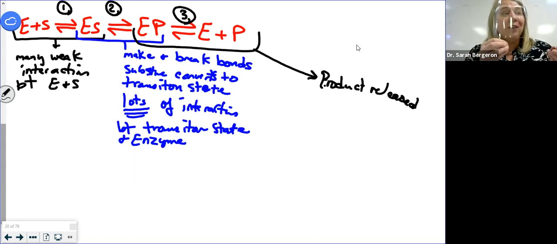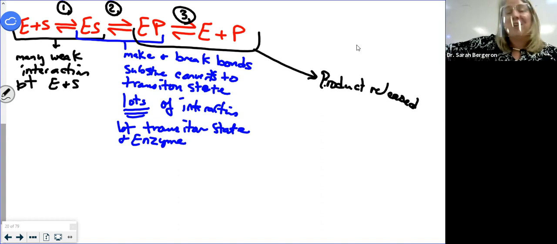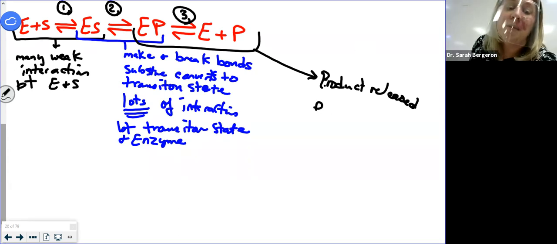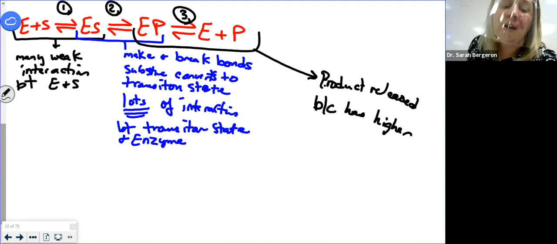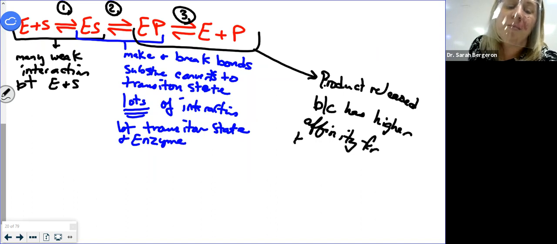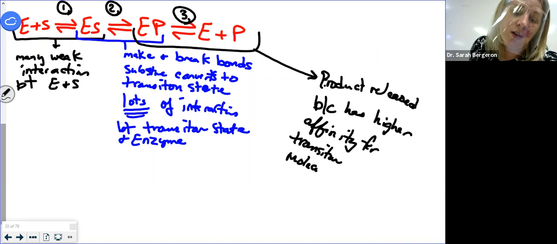So because it's higher affinity towards that transition molecule, once that transition molecule converts into a product, the enzyme's like, see you later, there's something better coming along, right? So it actually kicks out the product because it has higher affinity for transition molecule, right?